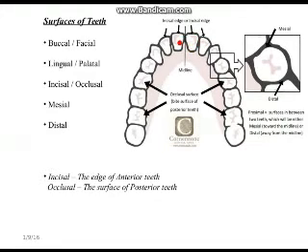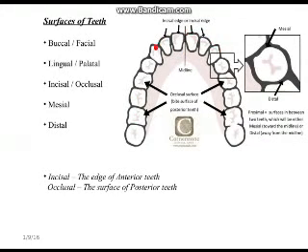Remember the incisal edge from their name, incisors, central and lateral incisors. So this surface is called incisal, and for the posterior teeth, it's called occlusal. There's a big platform and surface, so it's called occlusal.